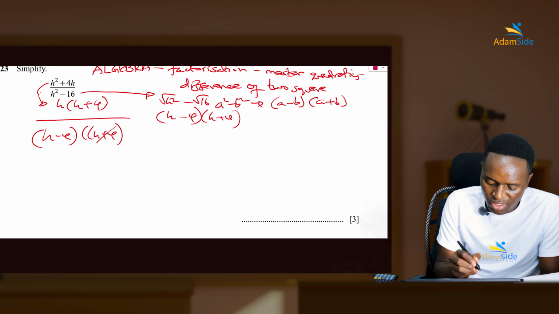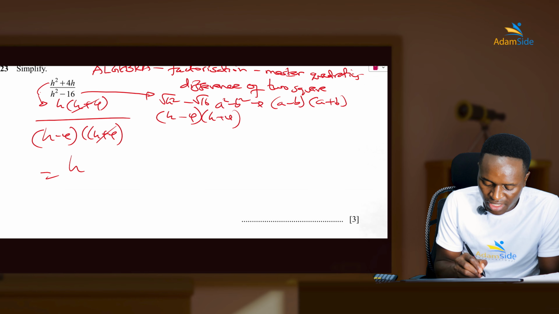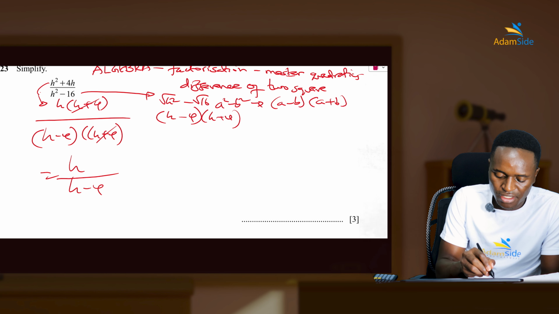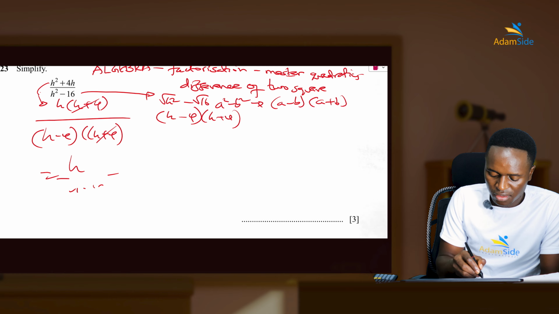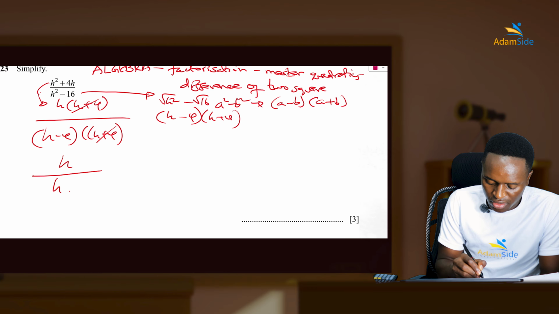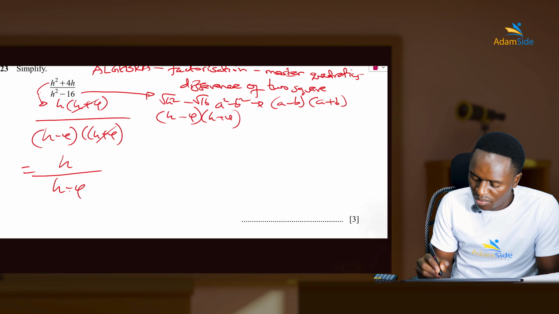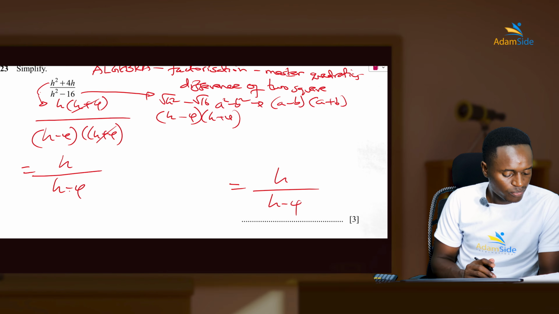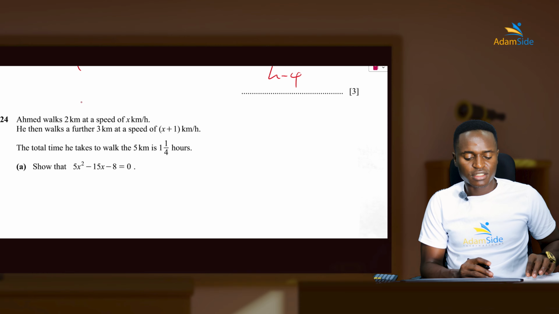H plus 4, cancel there. Then you remain with h into h. You remain with h over h minus 4. Good job. H over h minus 4.